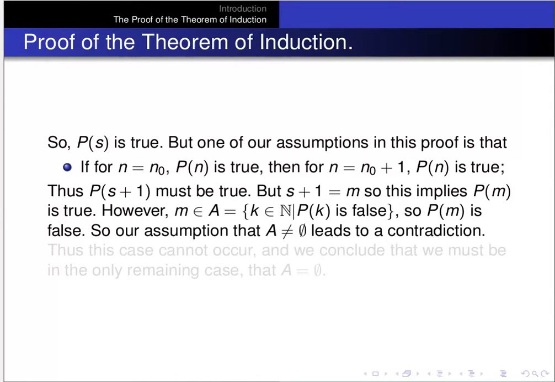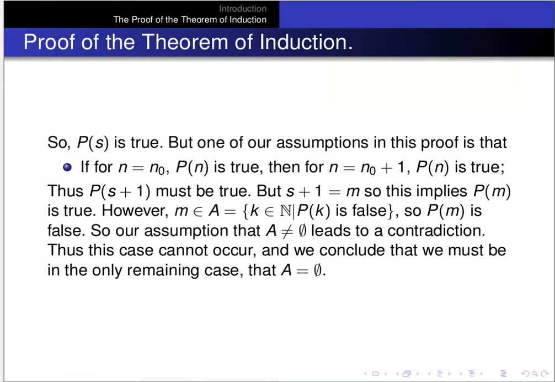Our assumption that A is not empty leads to a contradiction. On the one hand it implies that P of m is true, and on the other hand it implies that P of m is false. So we have a contradiction from our assumption that A is not empty, and that means this case can't occur, that we have to rule out this case. A cannot be non-empty. In other words, A has to be empty.